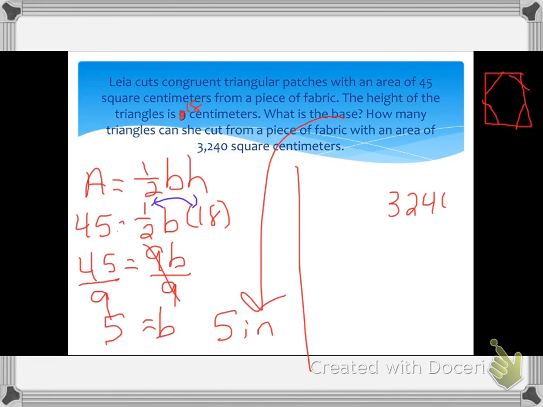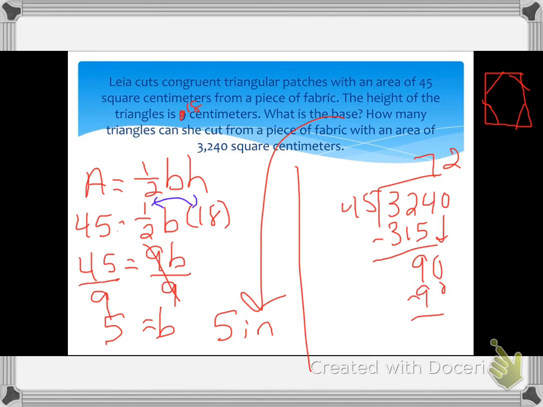So 3,240 divided by 45 is what we're going to be looking for. So this is going to require some doodle work for sure. I know that it can go in 7 times. 45 times 7 is 315. So then we subtract and we get 9. Bring down our 0. 90 divided by 45 is 2. So then she can cut out 72 triangles.